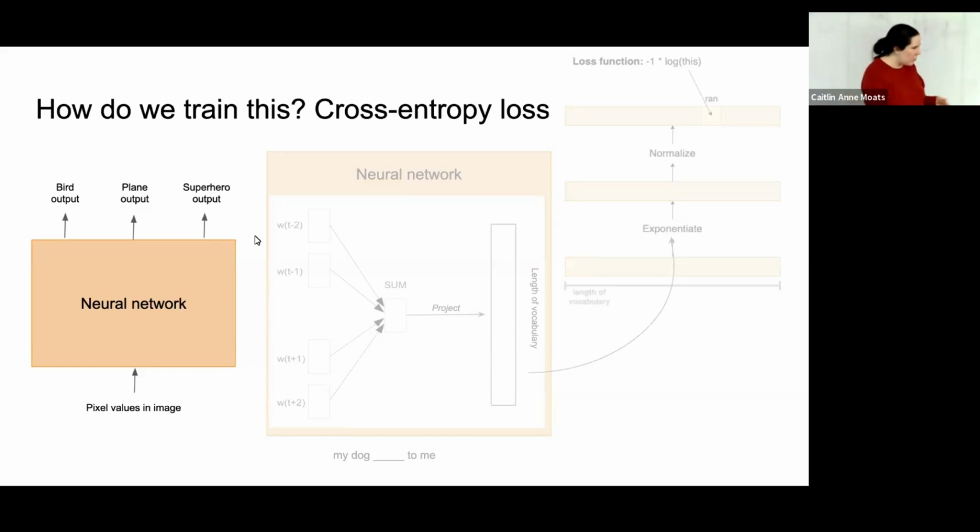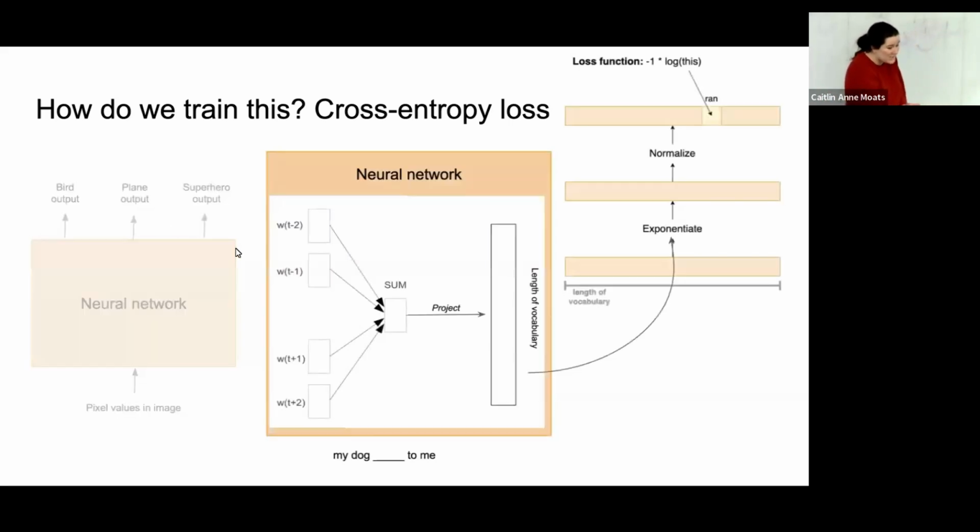So we saw this before with cross entropy loss for a fairly limited classification task with only 3 outputs. But it turns out we can use the exact same loss for what seems to be a much more complicated task. Fundamentally, this is still a classification task, right?